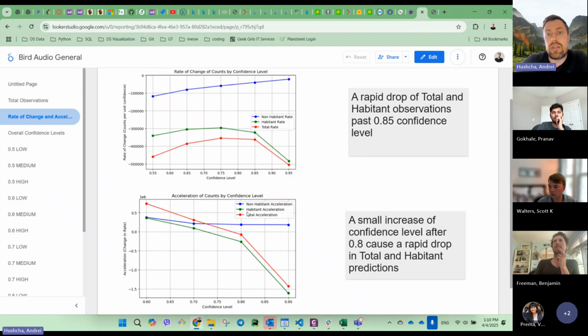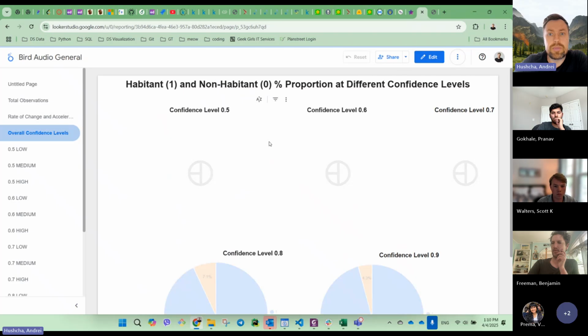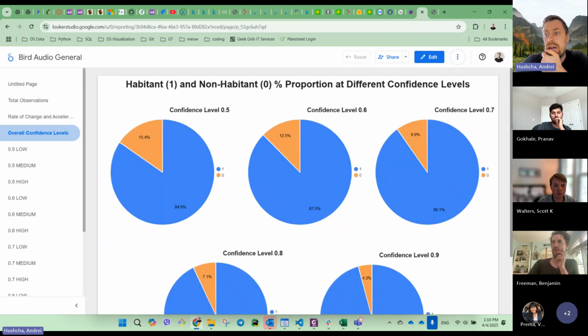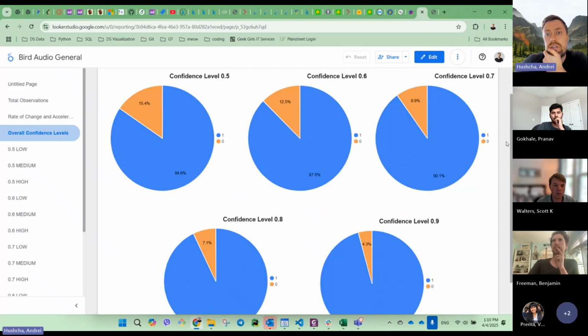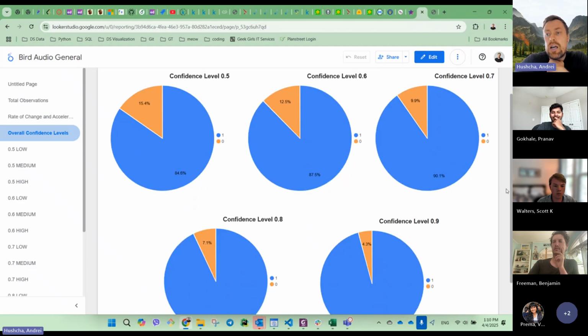That helps us understand what's going on with all the observations at different confidence levels. And this is just a pie plot to show us how many habitants.